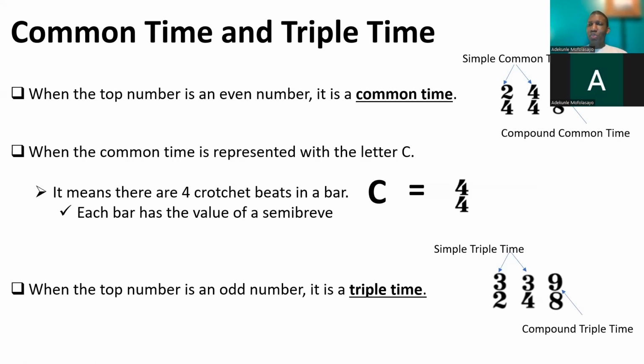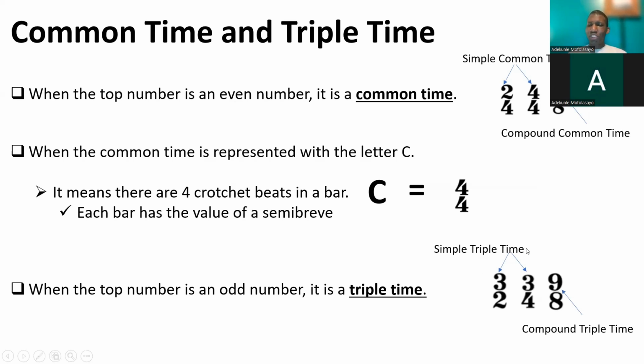Also, this one we can call compound common time because it is 6 and it is an even number, so it is common time. This one is an odd number, so it is triple time, and it is compound triple time.